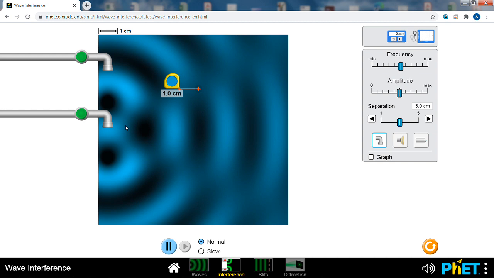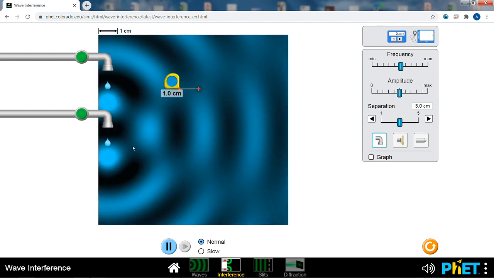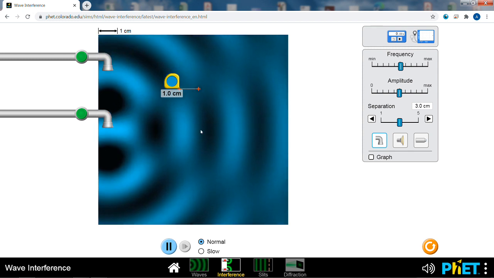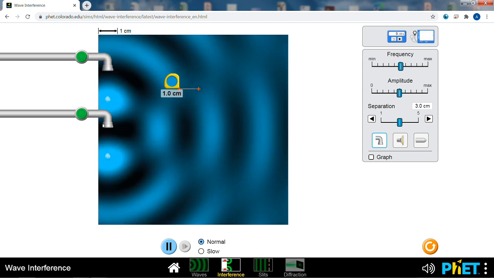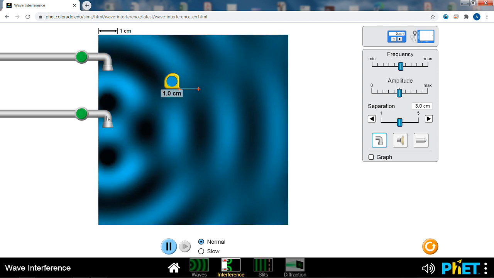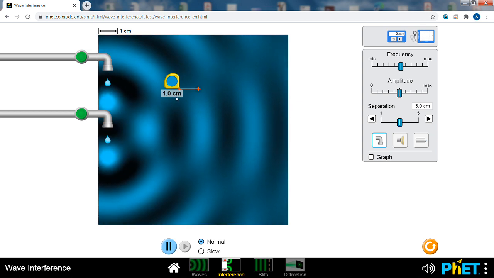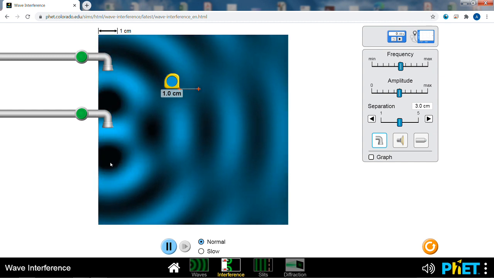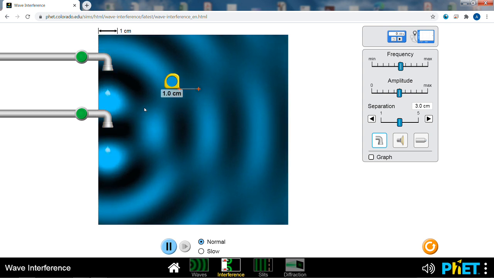So notice if we look straight down the middle, the path length difference between both of the 2 points here is going to be exactly the same. So that means that there's going to be constructive interference down the middle. We're going to look at this angle. We're going to call this angle theta, and this is going to correspond to destructive interference because there's a path length difference when we're traveling from the spot where one droplet goes to the other.